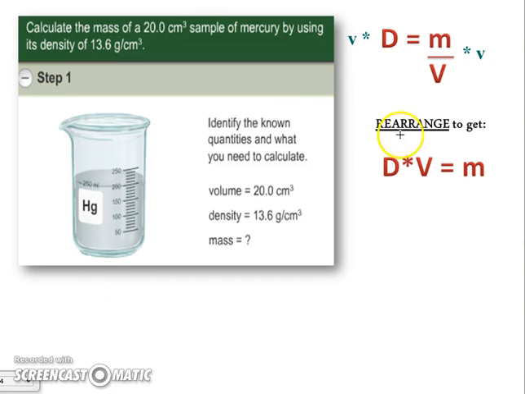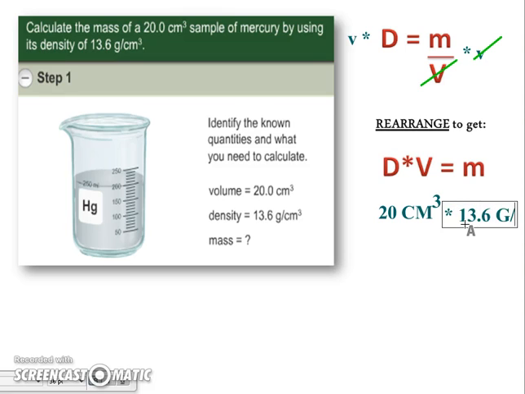And what happens then on the right-hand side is the volumes cancel, and you're left with mass. And on the left-hand side, you have volume times density. So if you look at your units here, you have volume equals 20 cubic centimeters. You're going to multiply it by 13.6 grams per centimeter cubed.